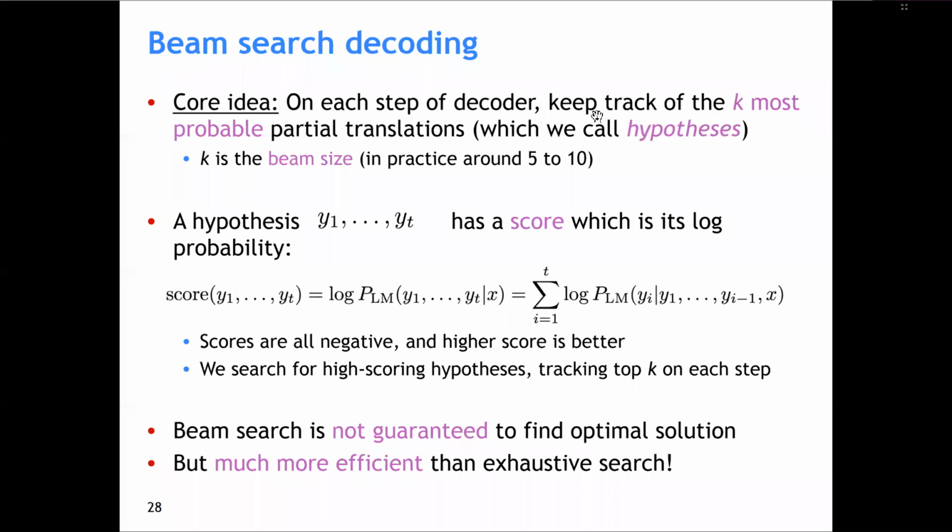Beam search just keeps the k most probable solutions at each step. Earlier in greedy decoding, k equals 1, so we always choose the first most probable. Here, instead of 1, we can keep 5 solutions at each step and grow that tree.